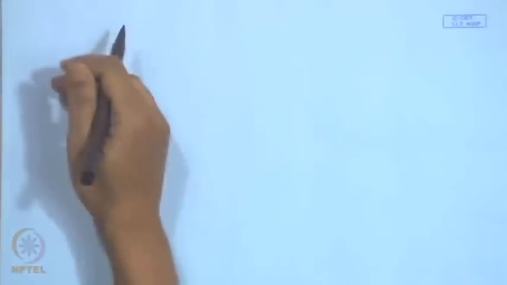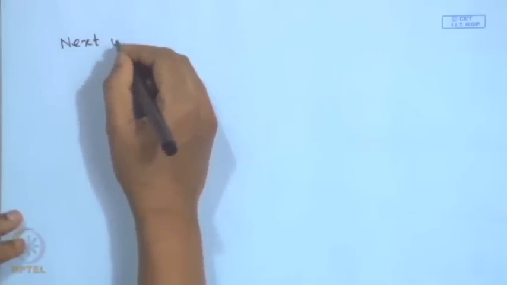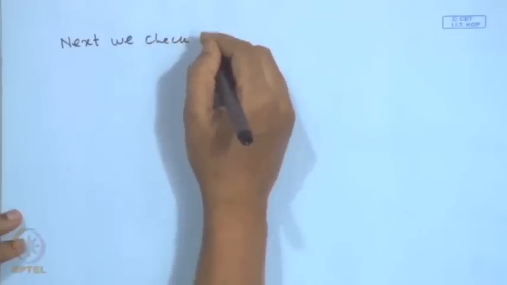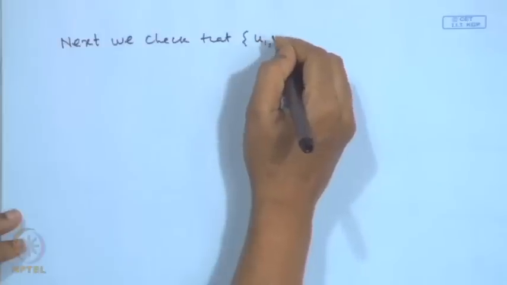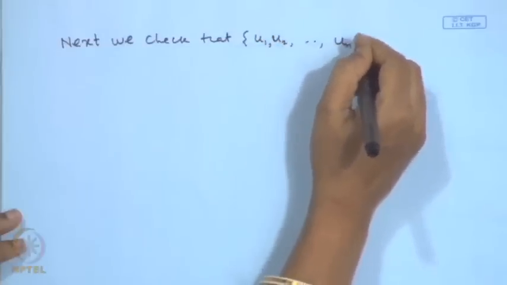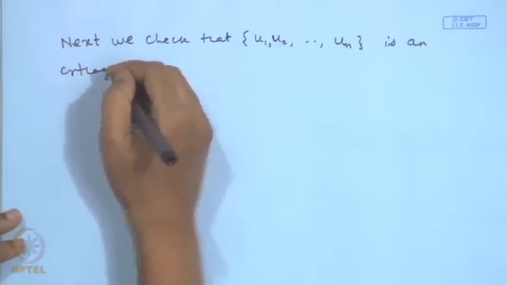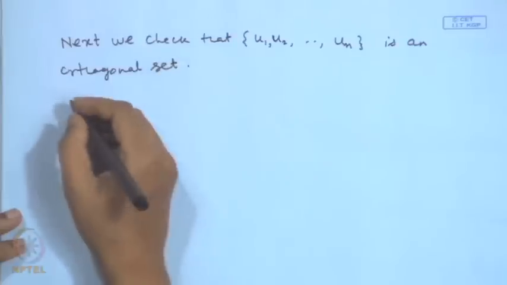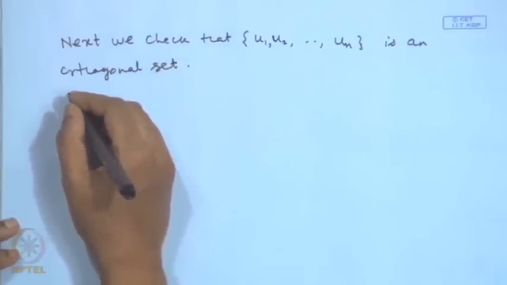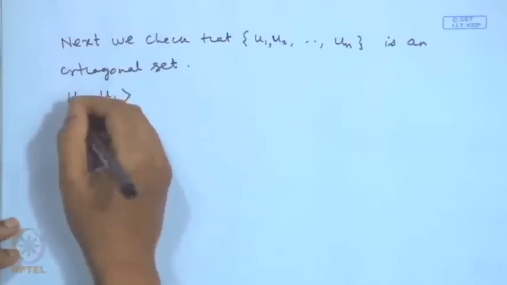Next we check that this set u1, u2 up to un is an orthogonal set. For example, let us check the inner product of u2 with u1.